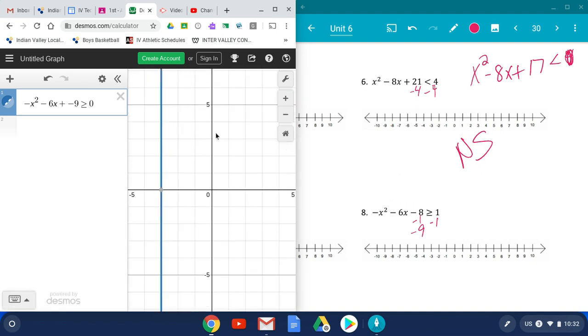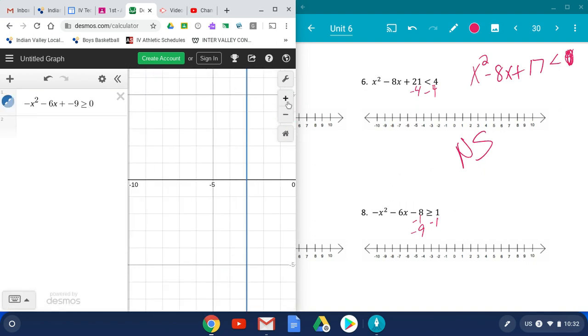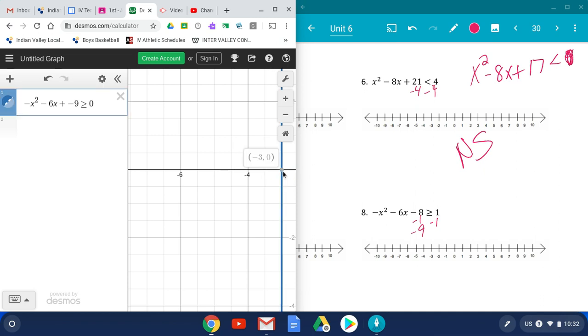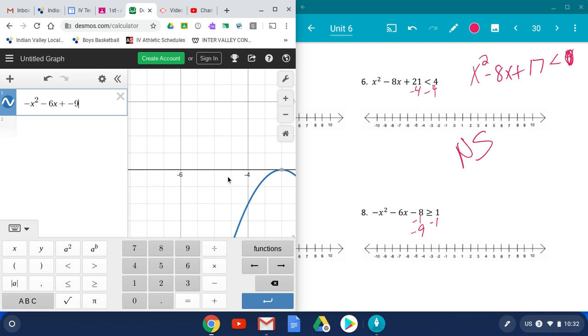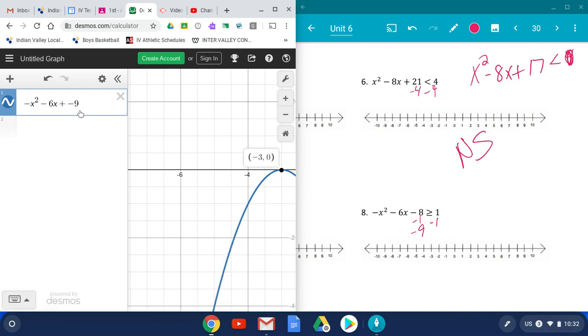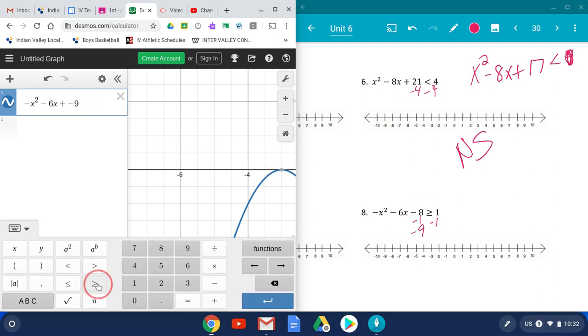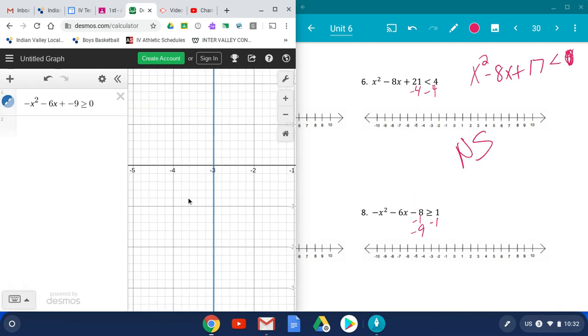We'll zoom in here. Notice that this one only touches it one time. So when I put that greater than or equal to 0, I only see one solution. And that's possible too. Remember, the fundamental theorem of algebra says I can have up to 2 solutions. Okay, this is or equal to, so my only solution is right there.